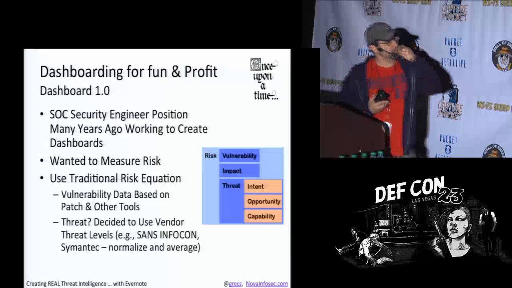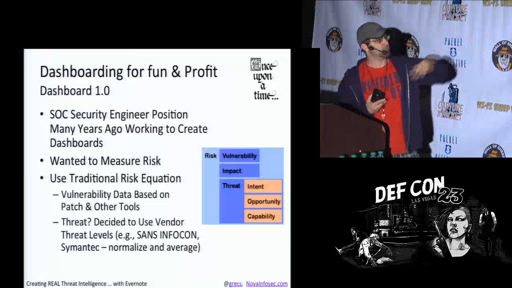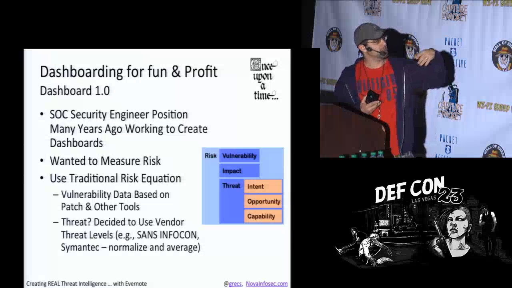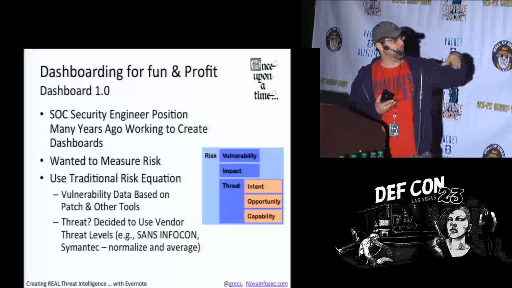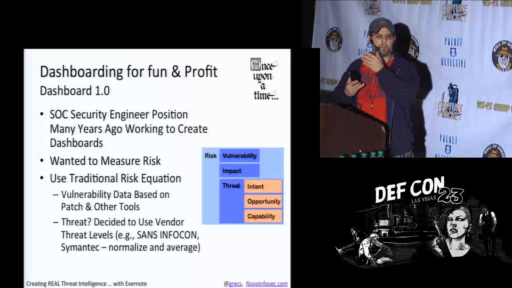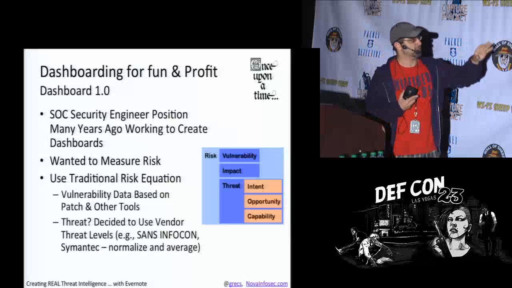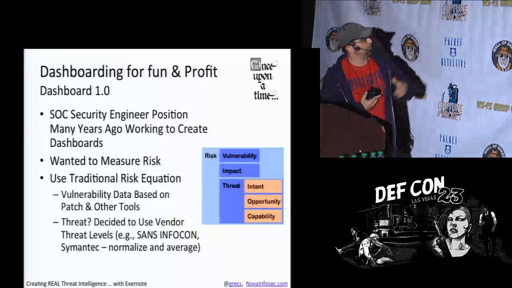So I looked at the components that made up risk, and based on vulnerability data and threat data, I was able to come up with some numbers and multiply that out and basically give them this risk score. So that's how this whole thing started.